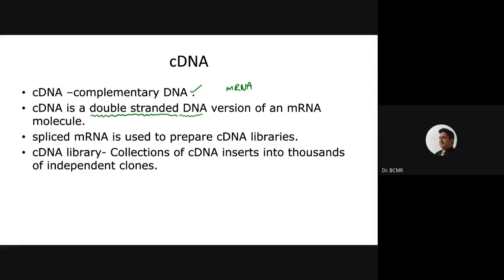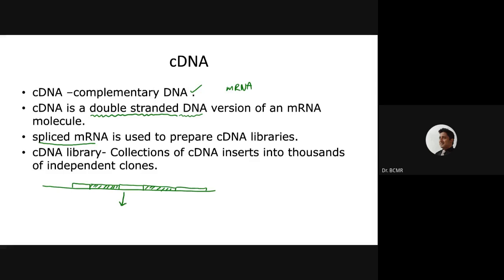The ones that we use are the spliced mRNA, because when mRNA is produced, it is produced as a pre-mRNA, right? It has exons, it has introns, and so on. And you will have splicing happening. The shaded ones are introns, and in the nucleus they will get spliced.